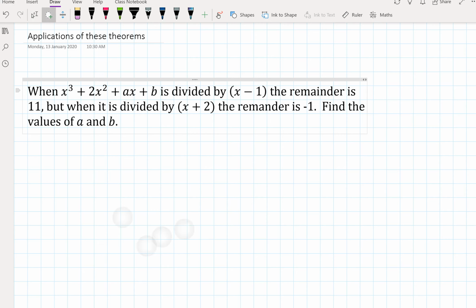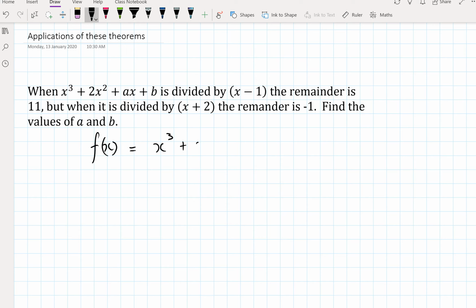We've got a function. I'm going to call it f of x. I'm going to say f of x is x cubed plus 2x squared plus ax plus b. Now, what have they told me? They've told me if I take that function and divide it by x minus 1, the remainder is going to be 11.